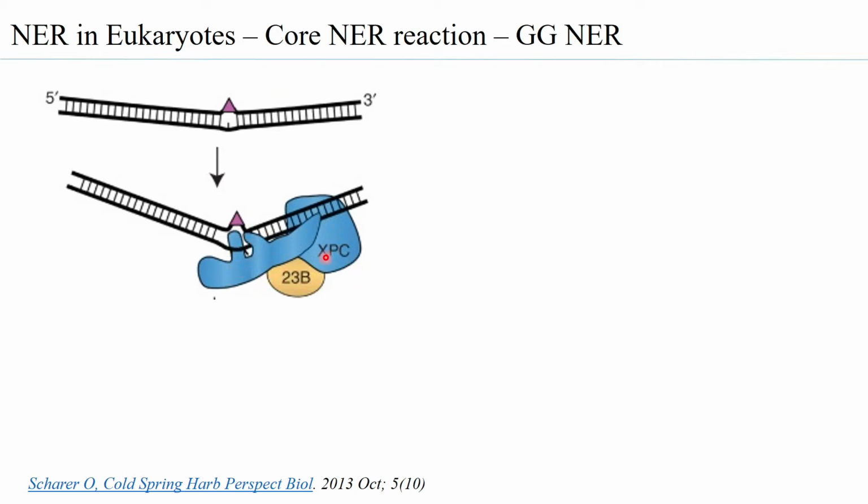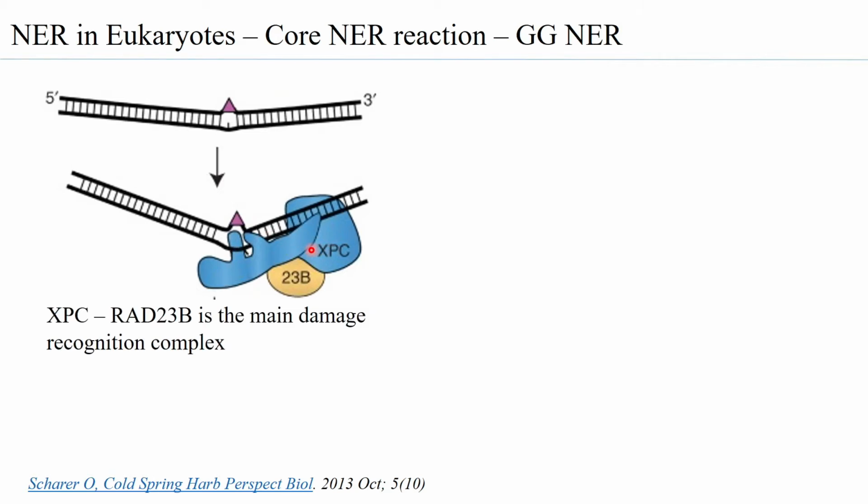Now, as you can see, you have two parts of the XPC RAD23B that are able to interact with the DNA. One part is binding to the undamaged DNA, and the other part of the XPC is able to bind to the damaged DNA. So let us understand how this structure enables it to do so.